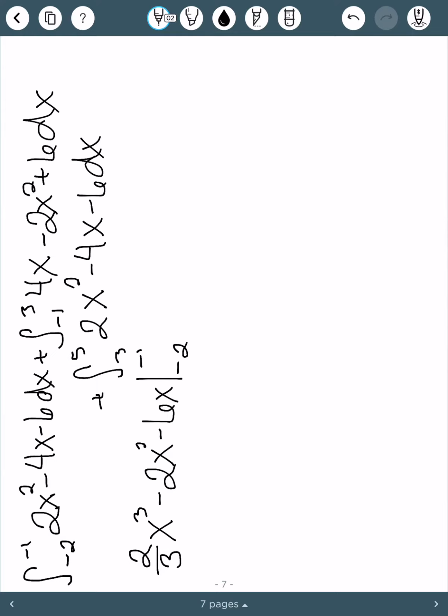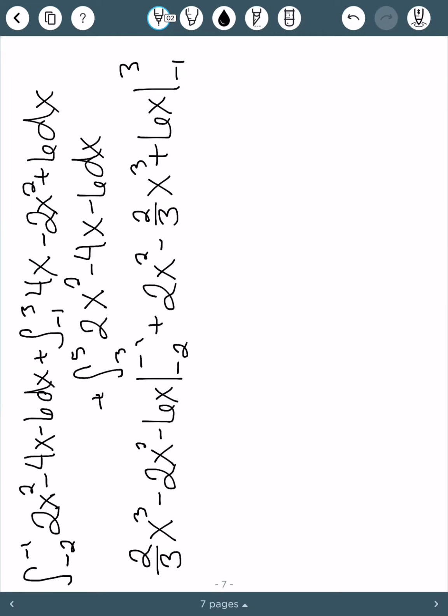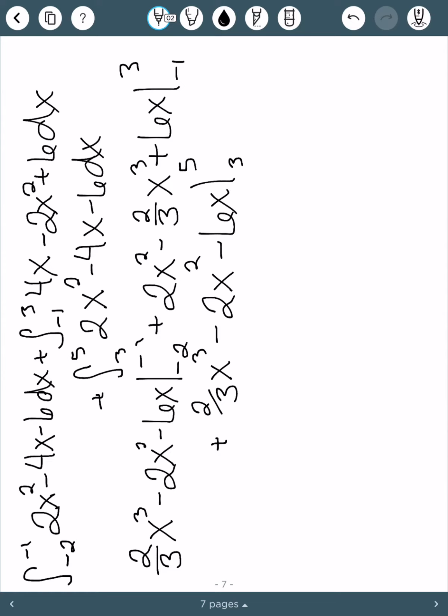We then have plus 2x squared minus 2/3 x cubed plus 6x going between -1 and 3. And then our last part says 2/3 x cubed minus 2x squared minus 6x between 3 and 5.